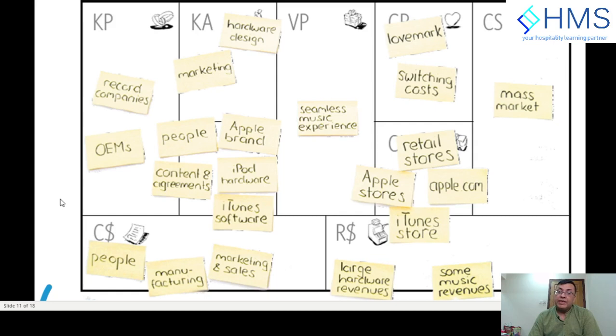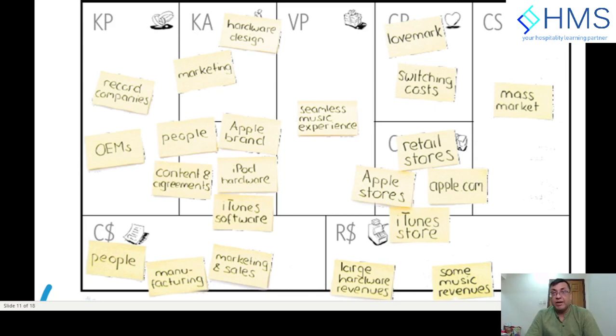And who are the key partners? Content is a key resource, but it's not the key activity of Apple. Apple's activity is hardware design, meaning iPhone design, and also software design, and the brand and marketing are also done by Apple. People they already have, but content is not their key activity. For that, they use another column called key partners, where record companies and OEMs are the key partners. So Apple is not producing anything.